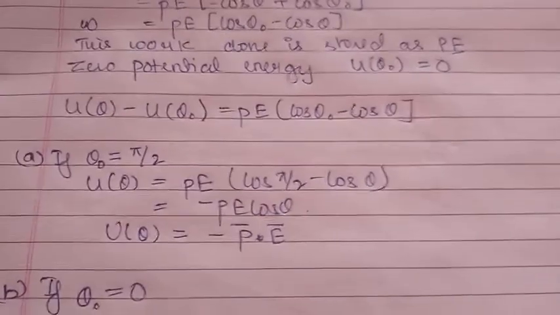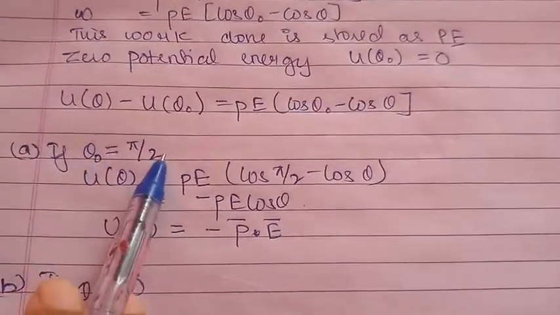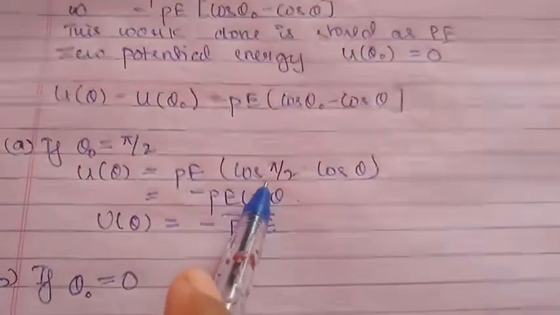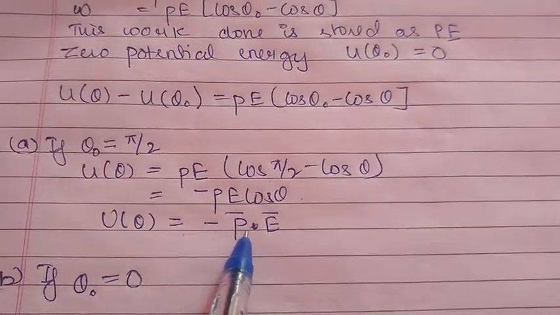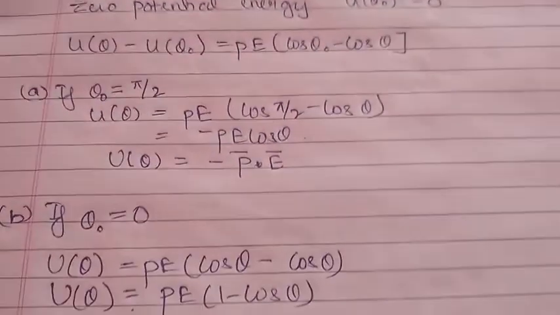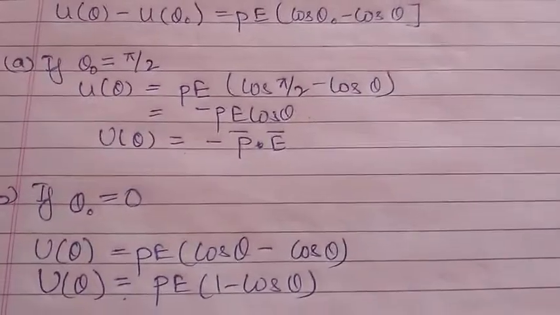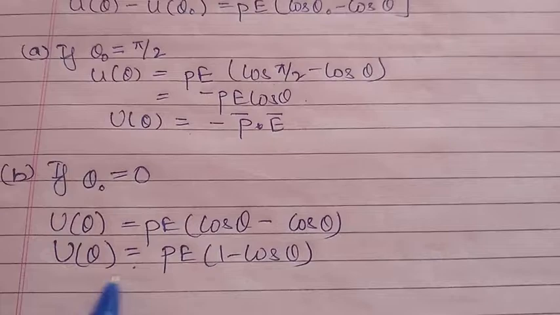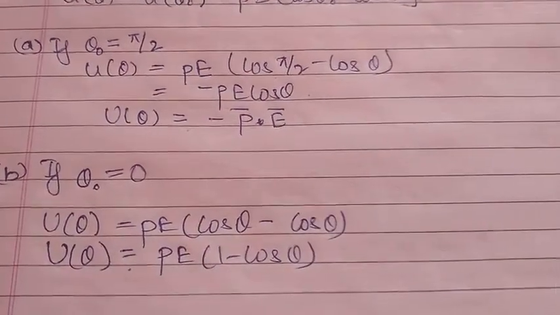If the initial position, theta naught, was perpendicular to the field, then theta naught will be pi by 2, and if you substitute pi by 2 here, cos of 90 is 0, so the potential energy will be minus PE cos theta. And if you consider that the dipole was aligned with the external electric field, then your theta naught will be 0 and cos of 0 is 1. So you will get this formula: U of theta is equal to PE (1 minus cos theta).